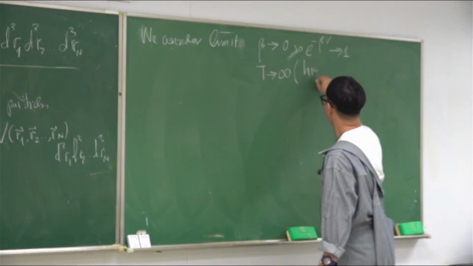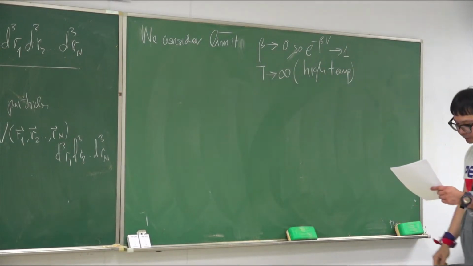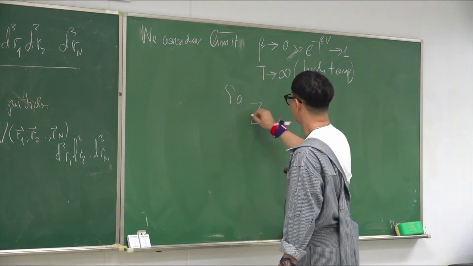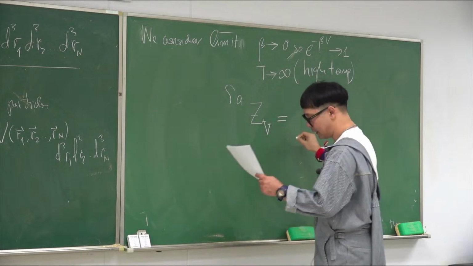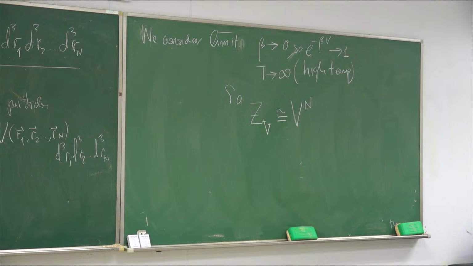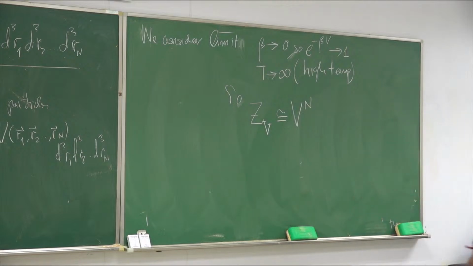So we have high temp. So your set V can be approximated by just e to the power n. At this limit, you will get this, right?